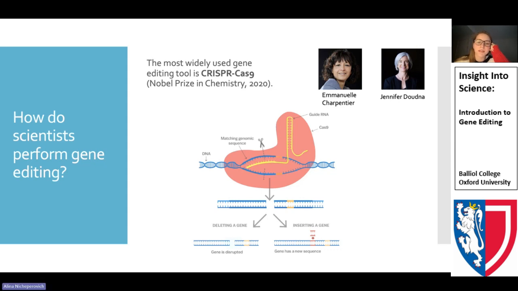And once there is a double-stranded break, we can have two outcomes: either we disrupt the sequence or we can also insert into it. This depends on which exact goal you're using this technology for and what the aim of your experiment is.